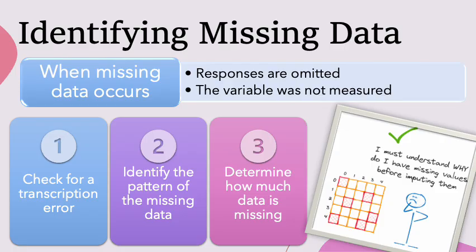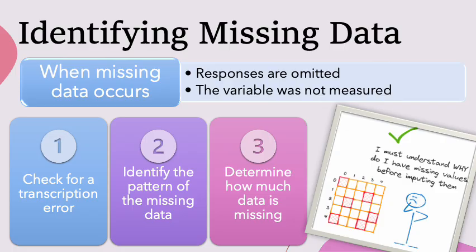If missing data are not the result of a transcription error, then you need to determine, is there any pattern to the missing data? The pattern of missing data has to do with, is the missing data random or non-random? Missing data are considered random when they are scattered within the database, and there is no pattern or relationship.